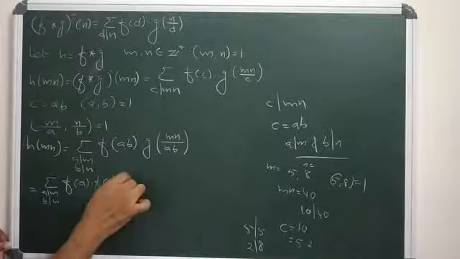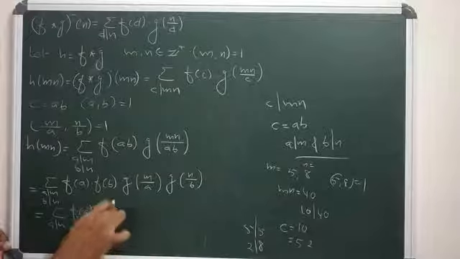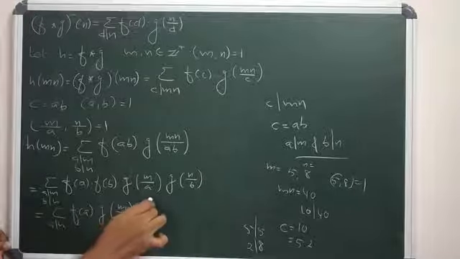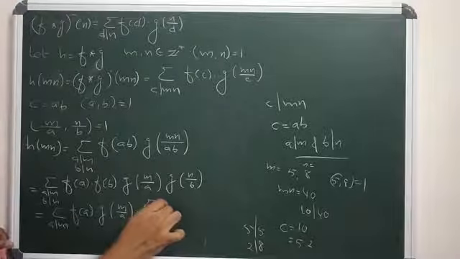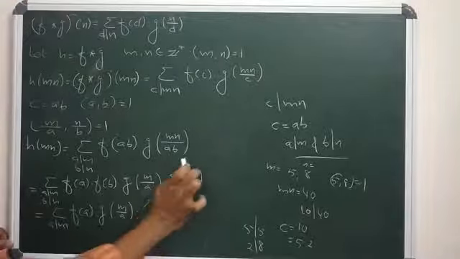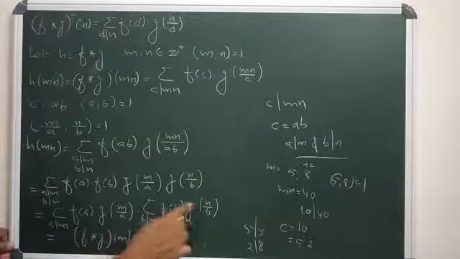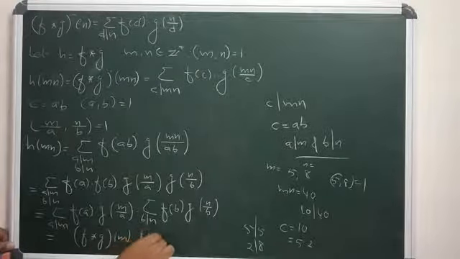That equals the sum over a dividing m of f of a into g of m by a, times the sum over b dividing n of f of b into g of n by b. The first is f star g of m, and the second is nothing but f star g of n.